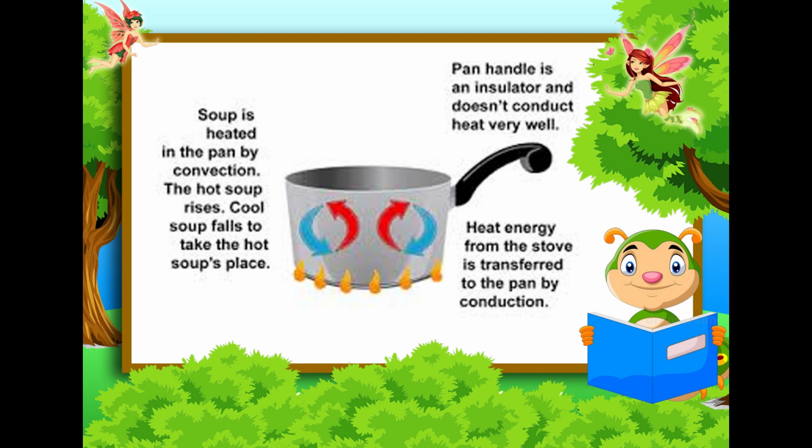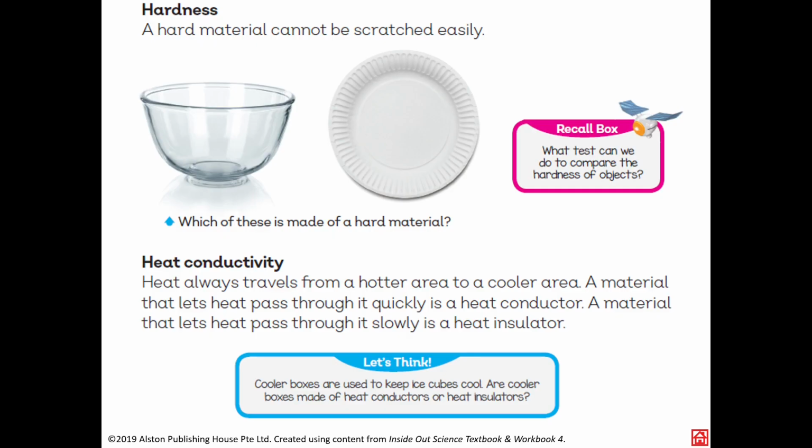Whereas the metal on the pan itself is a good heat conductor, so heat can pass through it quickly. Therefore, you can cook your food. So heat conductivity is the ability of the material to let heat pass through it.